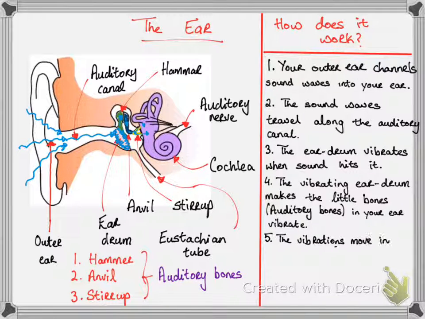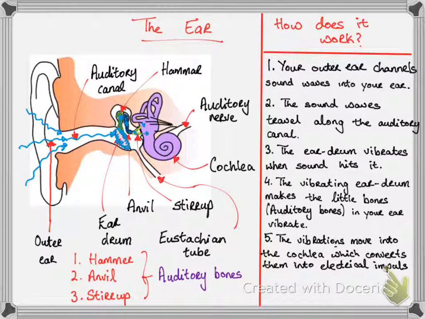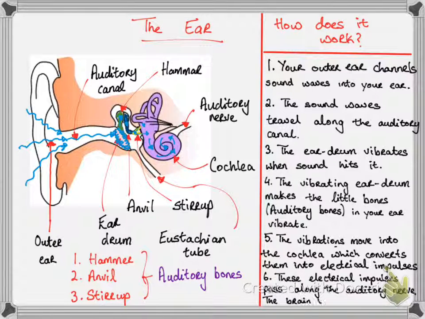These vibrations then move into the cochlea, which converts them into electrical impulses. So you get vibrations converted into electrical impulses. And then these electrical impulses are passed along the auditory nerve. The brain then interprets these as sound.